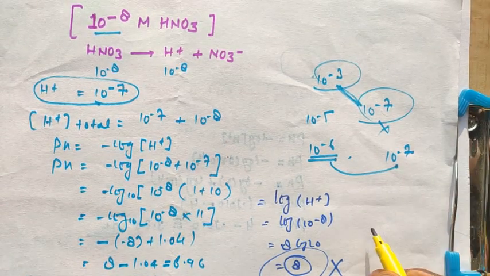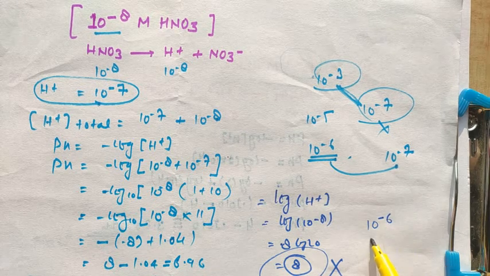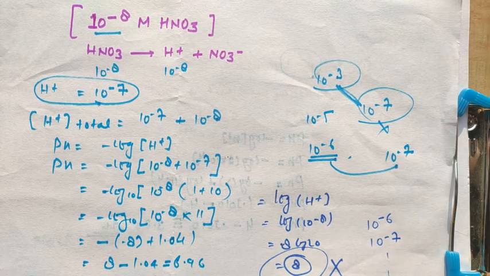So you have to keep this in mind when you calculate the pH of an acid whose concentration is 10 to the power minus 6, or 10 to the power minus 7 or anything else.